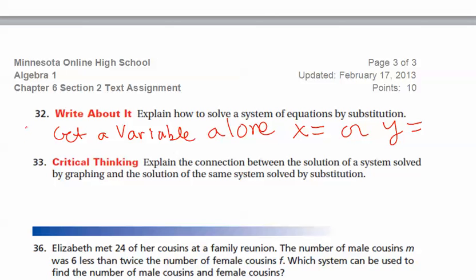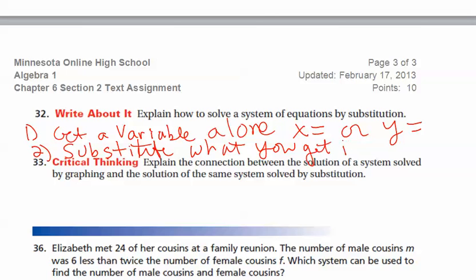That's our first step. Step 2, you substitute what you get into the other equation, and then you simplify to solve for the variable.